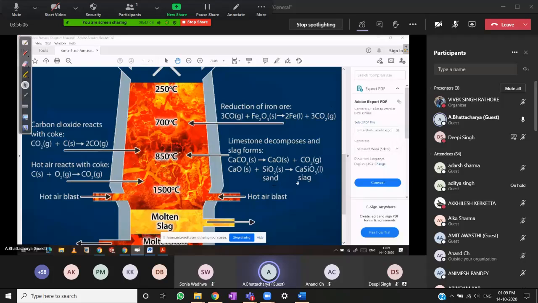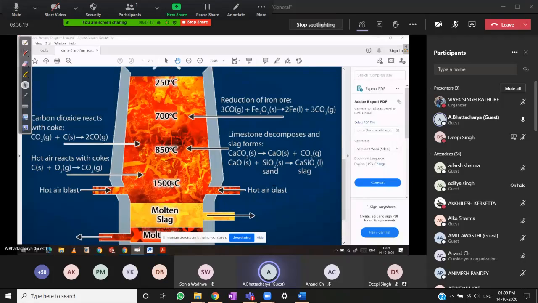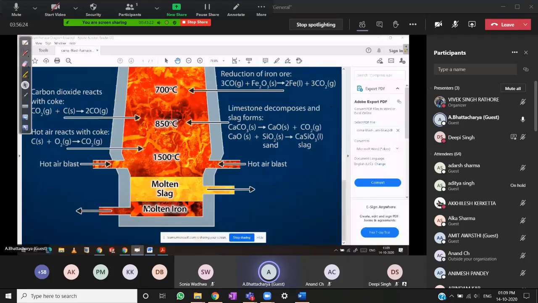Now, once the iron is formed, it comes down, and as the temperature increases, it becomes liquid and settles down here. This is called the hearth.